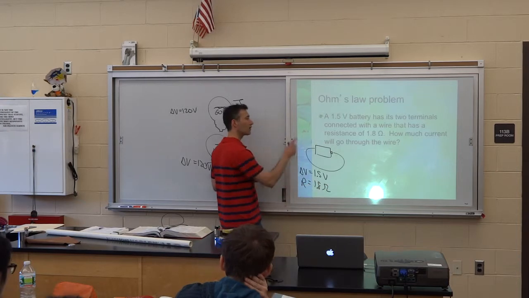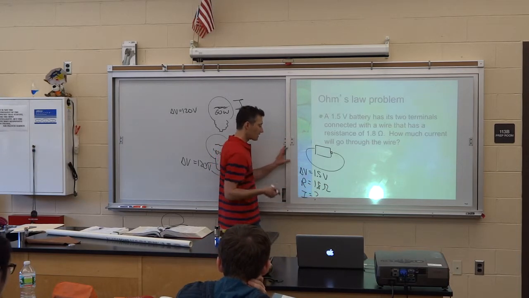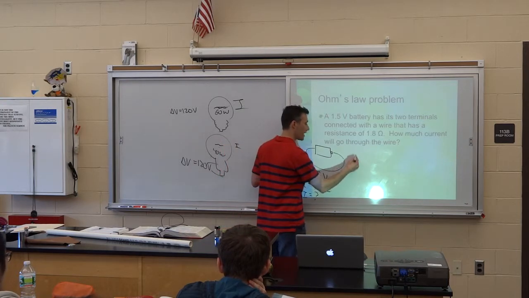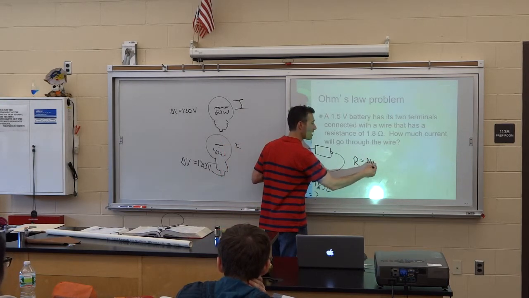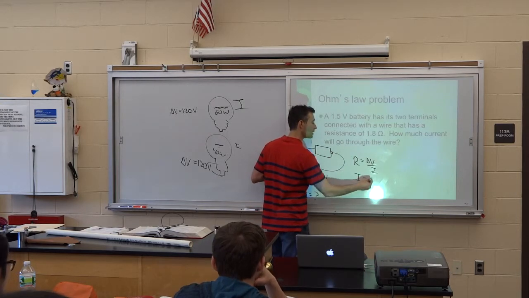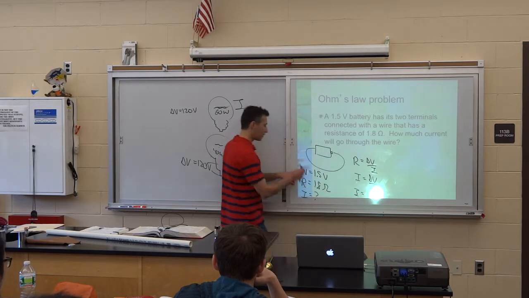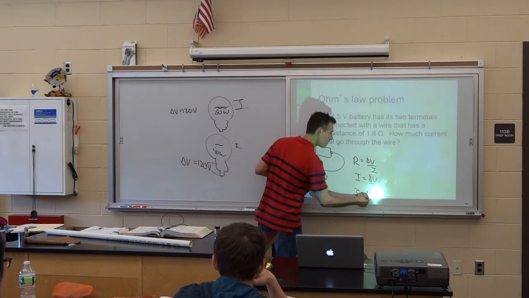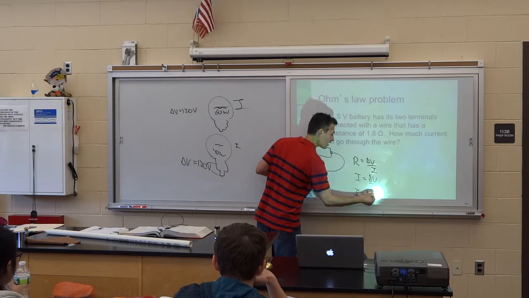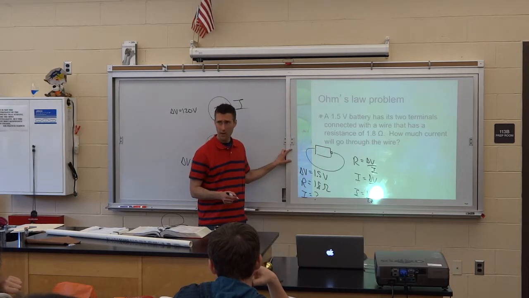And then we're looking for how much current. Right? We definitely will use Ohm's law here. We have to go with the assumption that the wire is ohmic. I can rearrange Ohm's law to isolate the current. And then my potential difference was 1.5, my resistance is 1.8. I think that's 0.83.